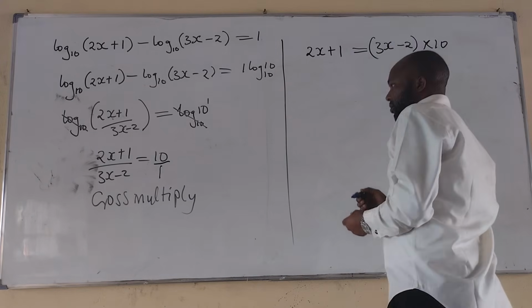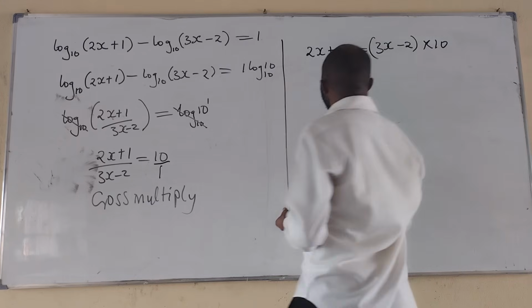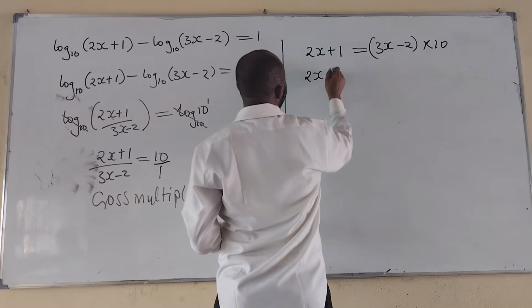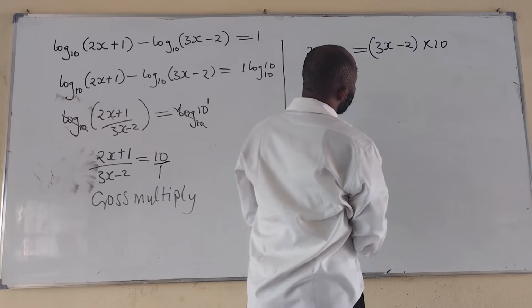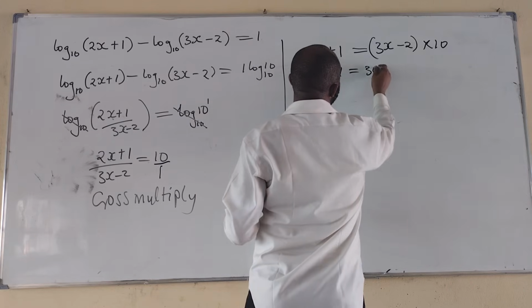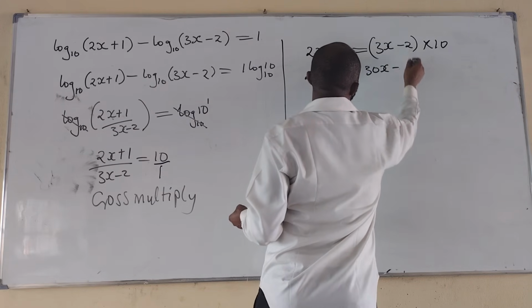So let's expand. 2x plus 1 is equal to 30x minus 20.